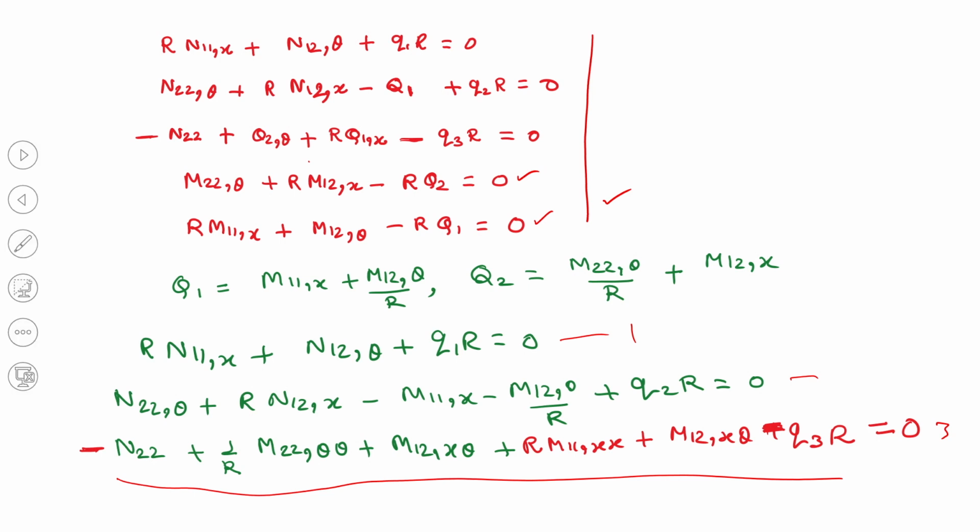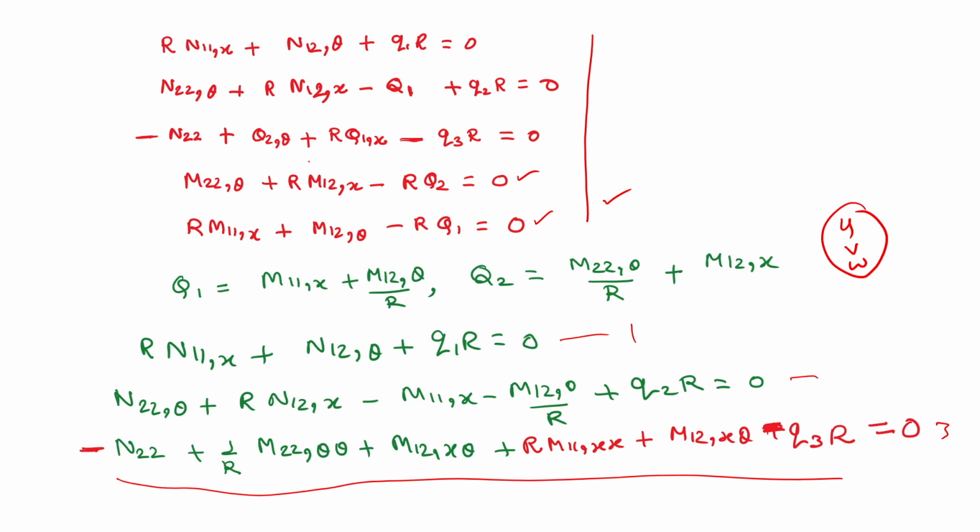But we cannot solve it in terms of moments. We have to convert in terms of primary variables. We have to find the values of N11, N12, M11, M12, M22 in terms of U, V and W, then we can substitute it here. That is why getting all these terms is difficult.